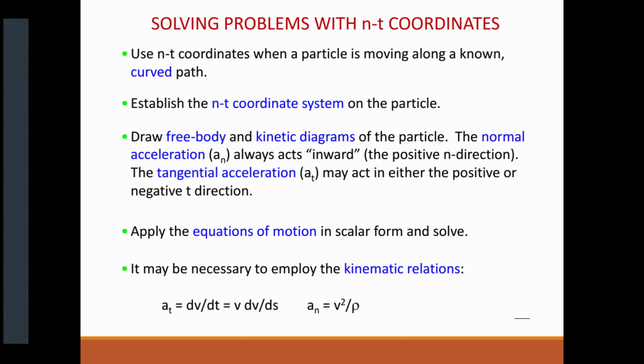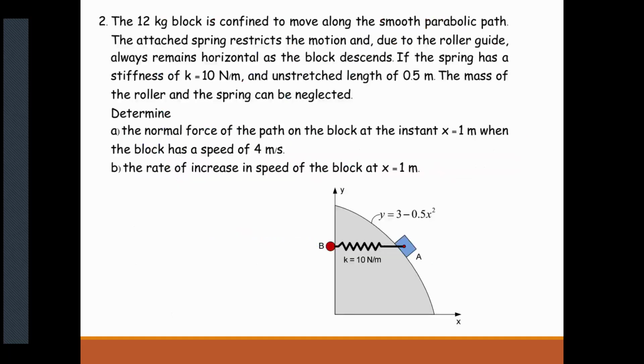Let's take a look at an example. The example here is a 12 kilogram block confined to move along a smooth parabolic path. The attached spring restricts the motion, and due to the roller guide, it always remains horizontal as the block descends.